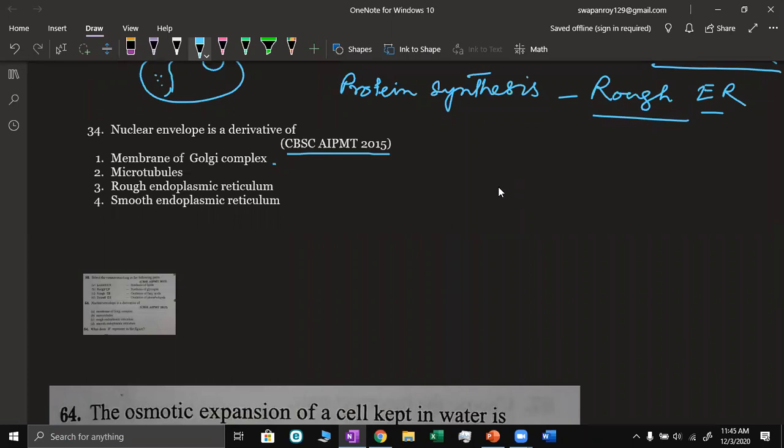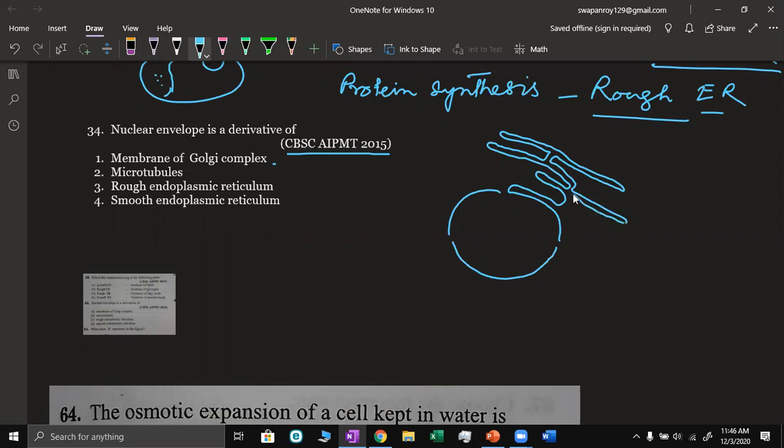If you see the nuclear membrane, so this is the nuclear membrane, the nuclear envelope we will say.